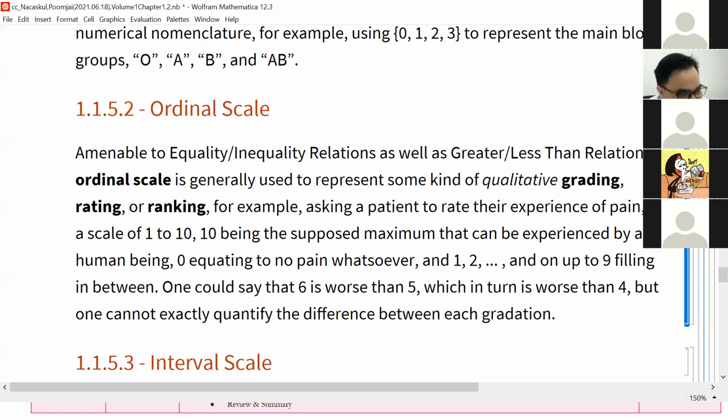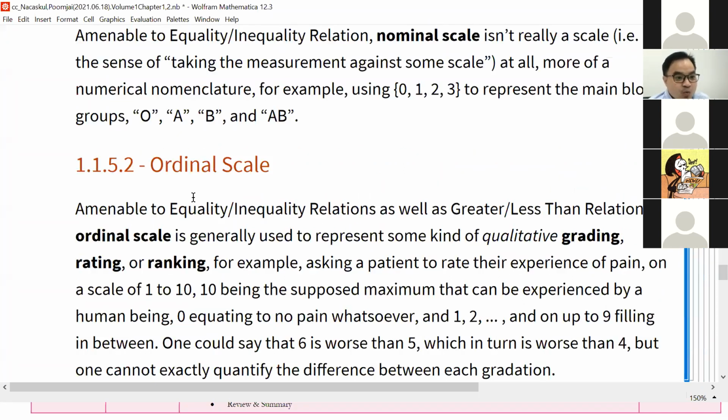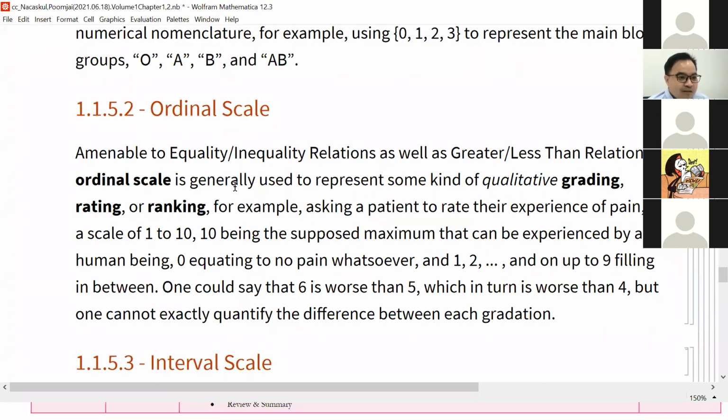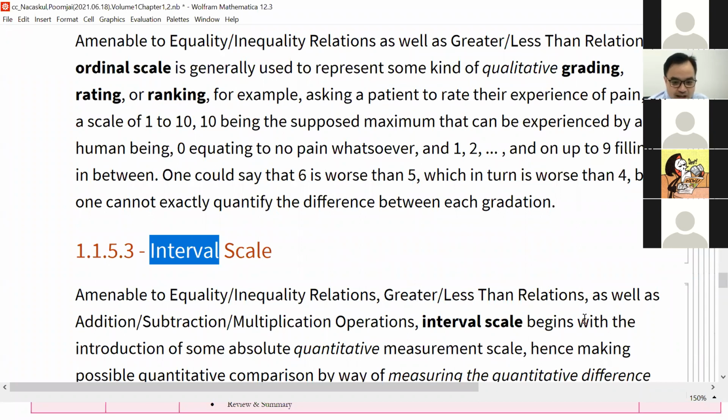You can't say it. Just say that A is better than B is better than C. Okay. Now, if you want to make measurement in between, you have to go to the third level, which is interval scale.